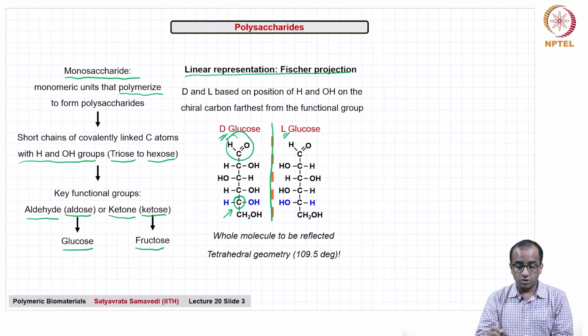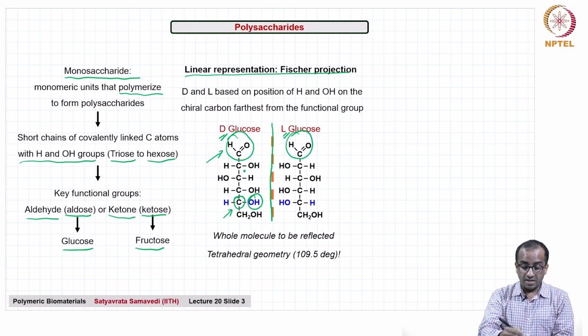or the farthest carbon from the functional group. So, the D and L isomers are distinguished based on the placement of the hydroxyl group on the chiral carbon farthest from the functional group. The functional group here is this, and the farthest carbon from the functional group happens to be this carbon.